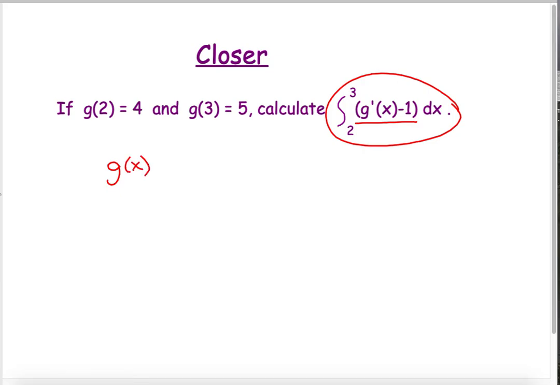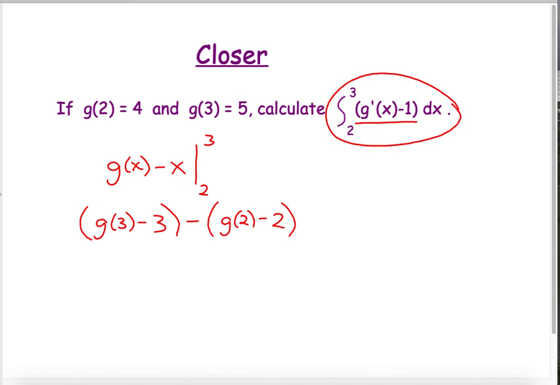And then the antiderivative of 1 is just x. So we're going to evaluate that from 2 to 3.